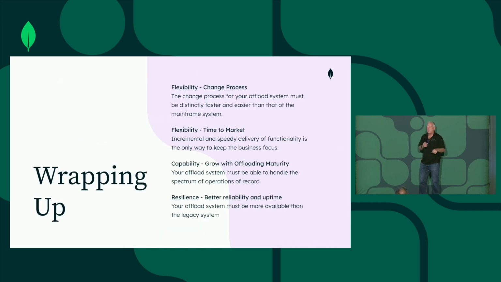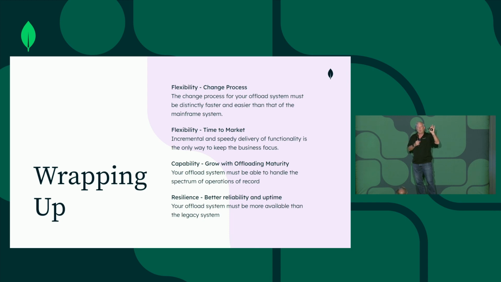Flexibility is absolutely critical to this. You cannot control all the changes feeding into your mainframe system. But what you can control is your ability to absorb those changes in your offload system. So flexibility is of paramount importance.